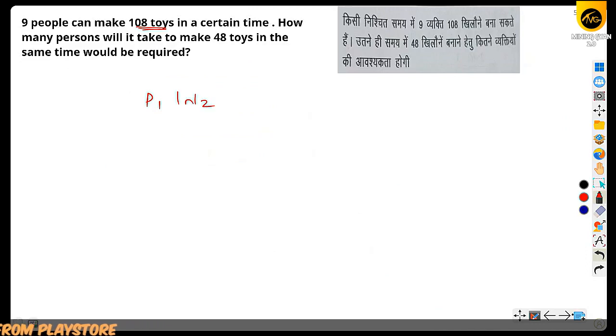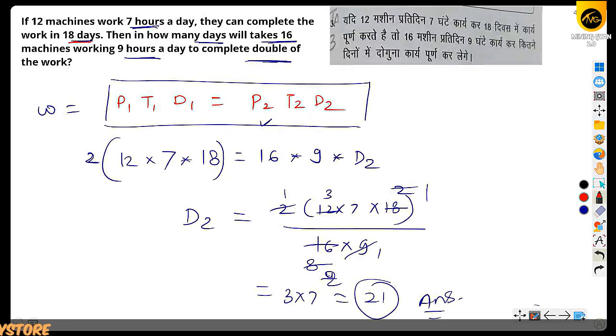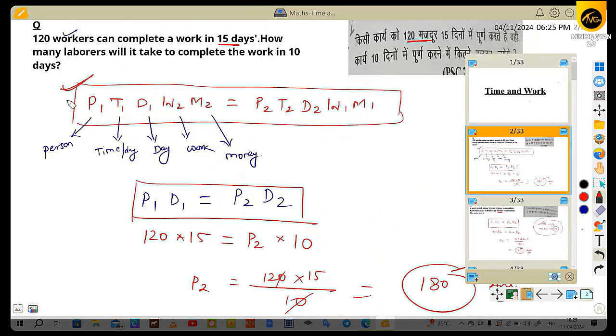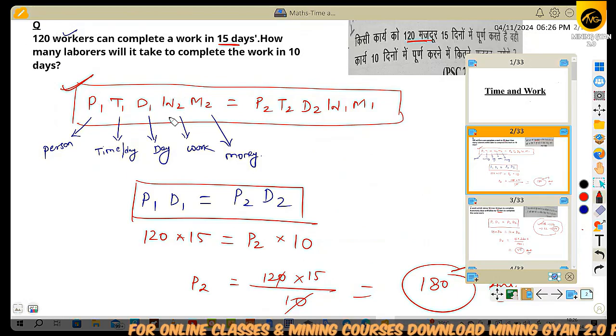So you can see the first formula, which is P1, T1, D1 and W2. So basically W2 is the piece of work, right? And M2 is the money, number of money, or how much money is needed to complete the work. So in this case, we have to use the person and number of piece of work.